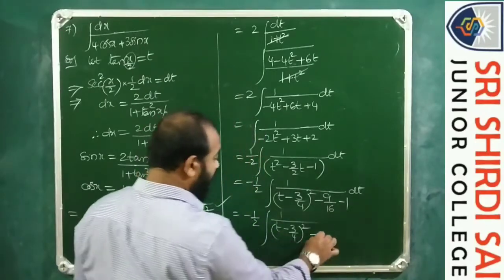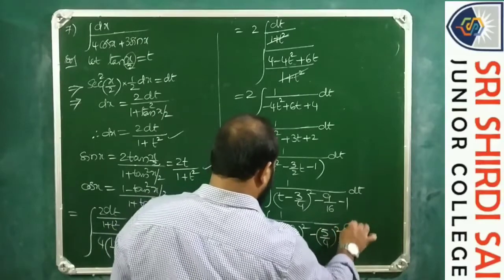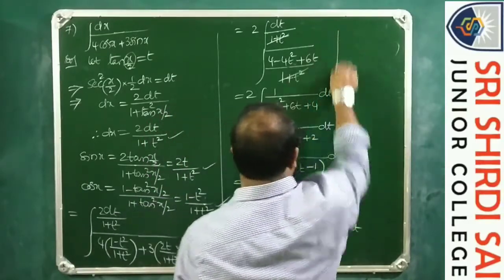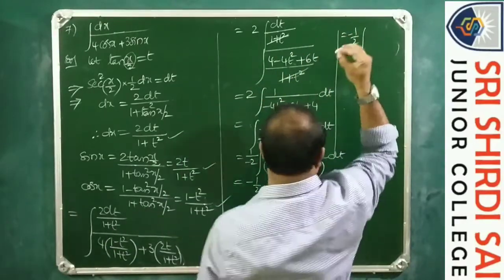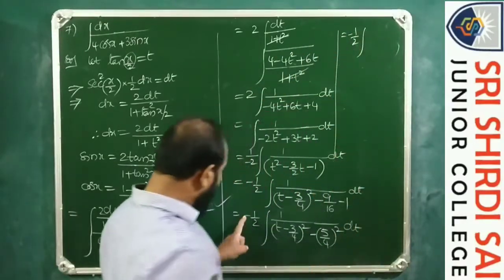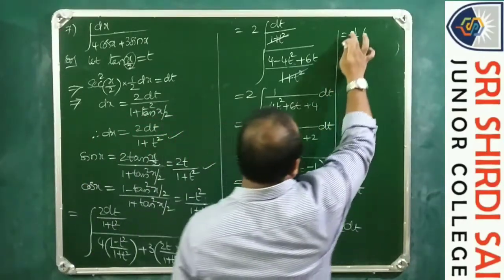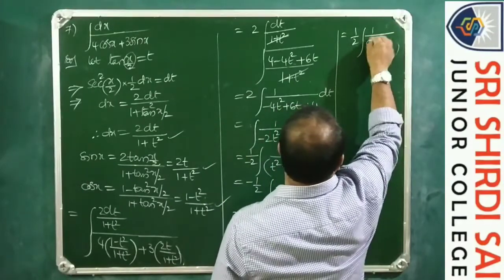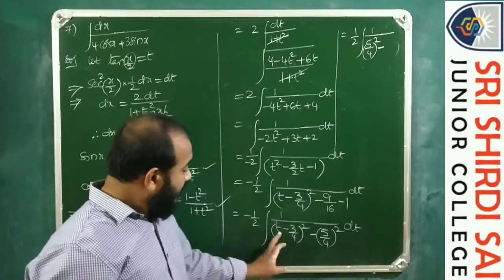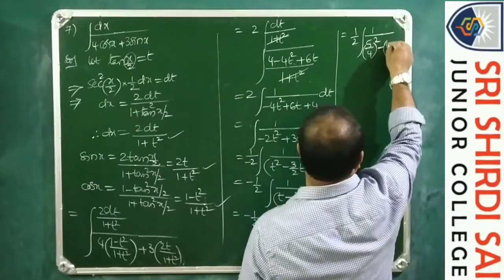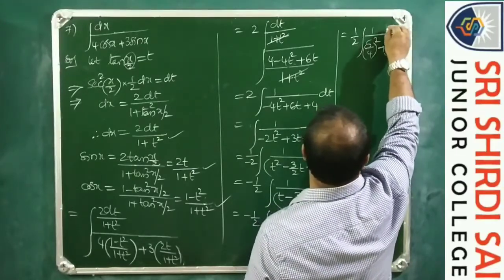Minus 25 by 16 can be written as minus 5 by 4 whole square dt. So this implies minus 1 by 2. If you take this minus inside, then minus into minus is plus. So this is 1 by 5 by 4 whole square minus t minus 3 by 4 whole square dt.